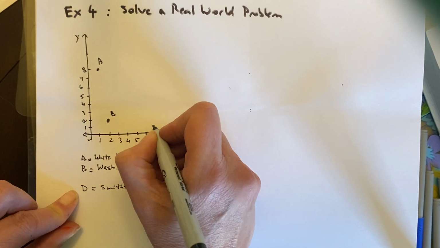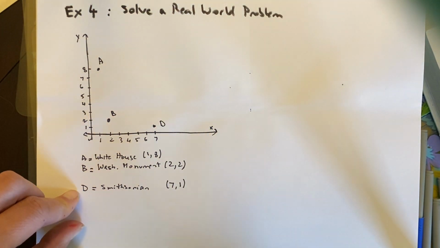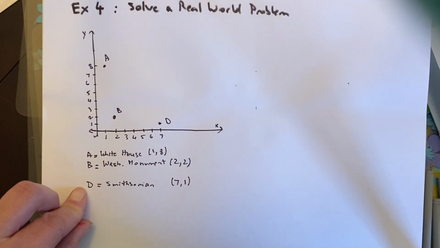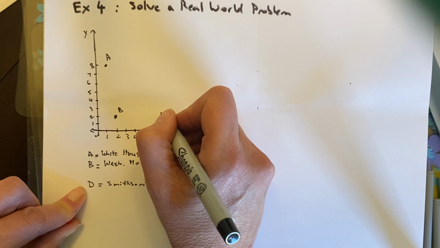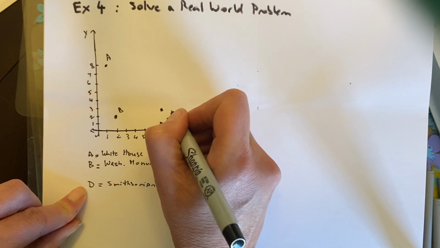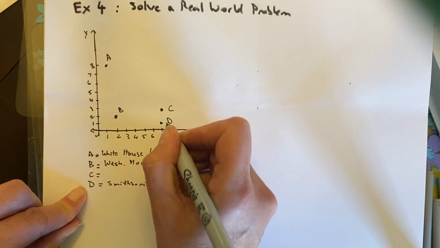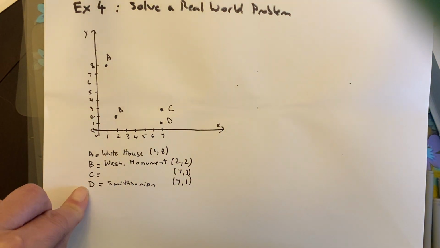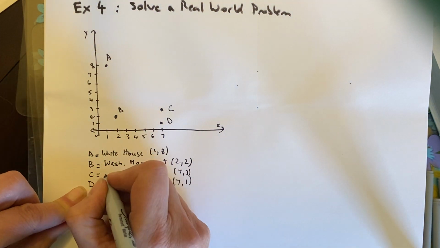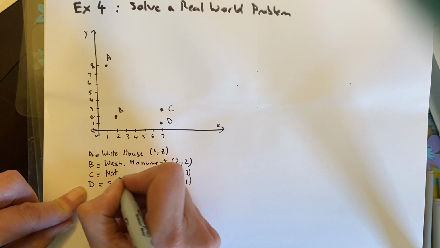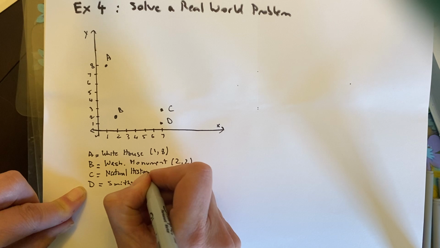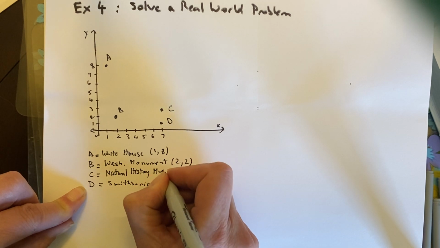This was B, this is D, and that's the Smithsonian. If I go up from there, up 2 at C, so that's at the point 7, 3. I'm at the Natural History Museum. I'm abbreviating.